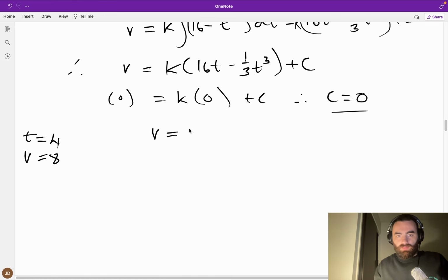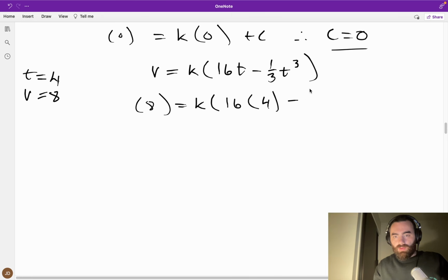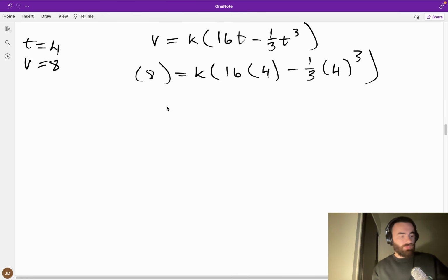So we have that v equals k times 16t minus a third t cubed. c is 0, so we have this. What is k? Well, 8 equals k times 16 times 4 minus a third 4 cubed. Hopefully it's useful for me to go through some of these.